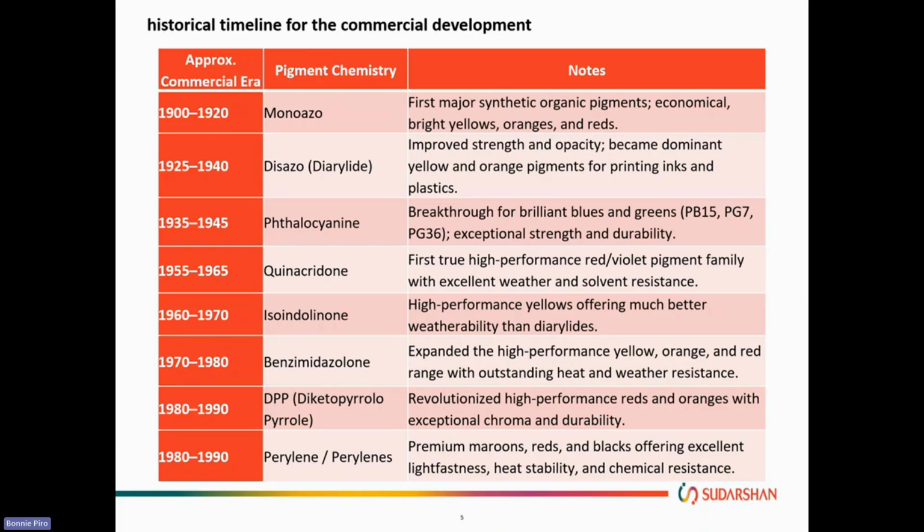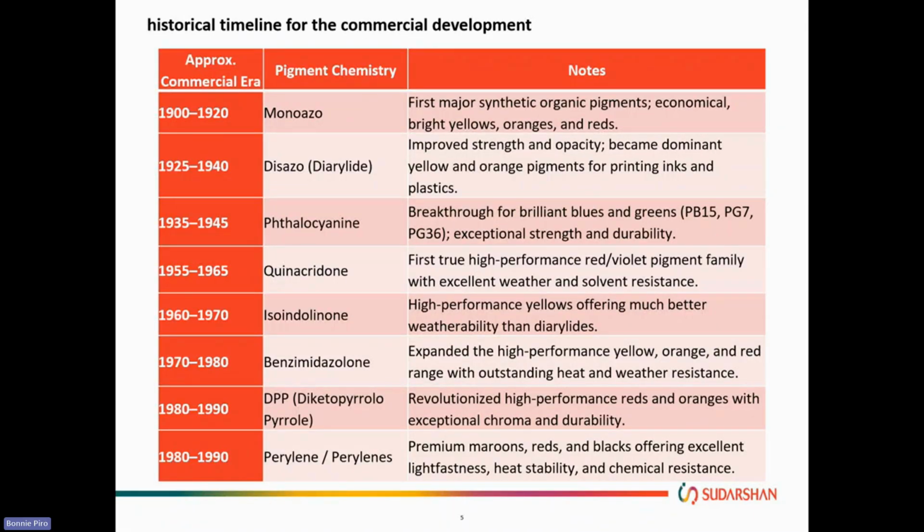Quinacridone started the first truly high performance types of pigments when they were introduced in the 1950s, early 60s. The isoindolinones were also high performance, but on the yellow and orange side of color space.